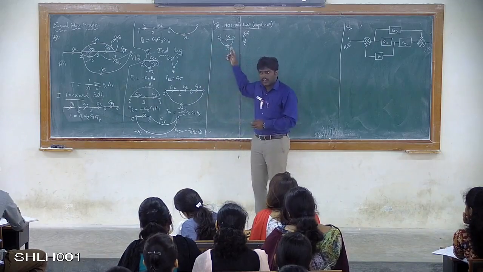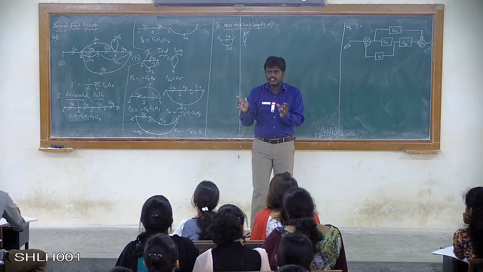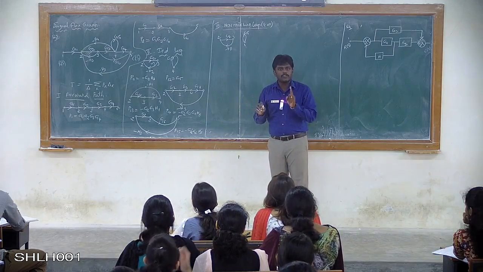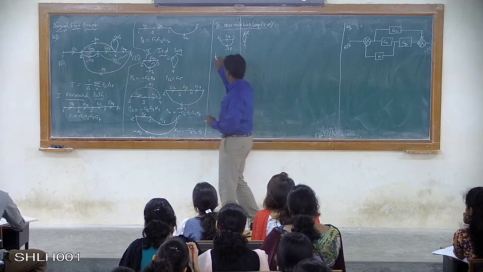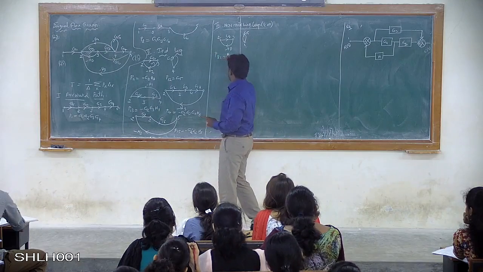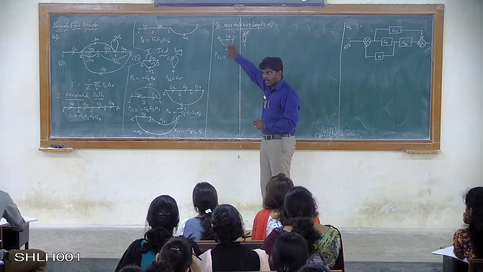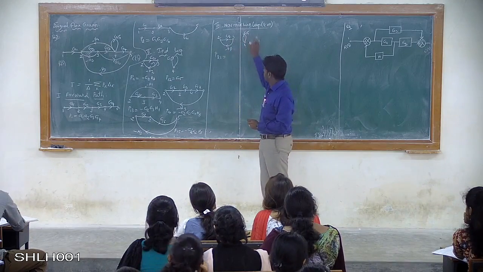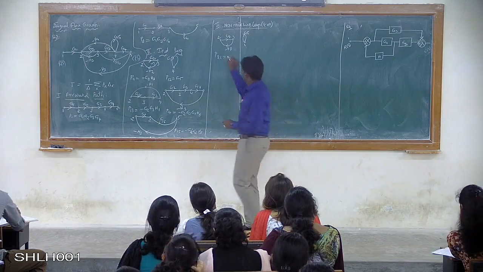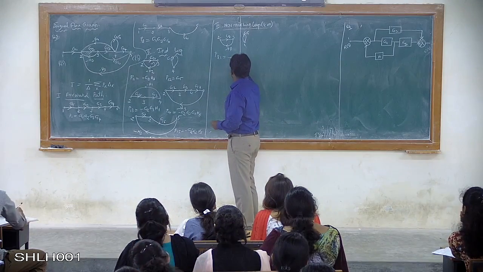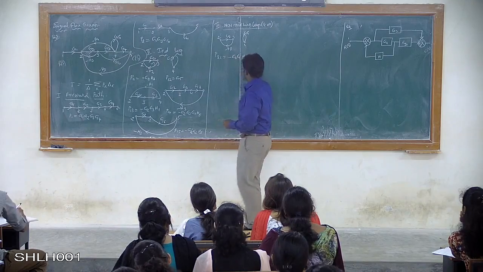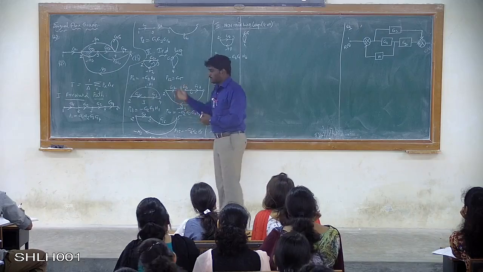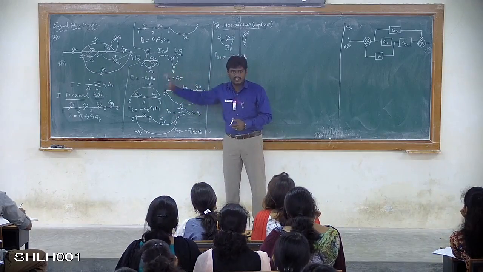What we will have to find out is the loops which are not touching each other. So I can say this is one pair or one set of loops which are not touching each other. So I can write down the gain values of the same. You will have to write the gain values of that. So that is G2, G5 into H2. Okay. Second thing, we will also have to find out any other loops which are not touching each other, right?